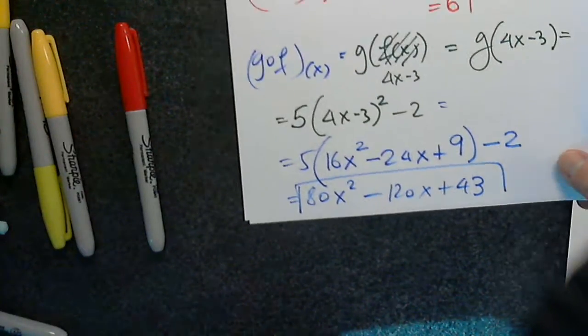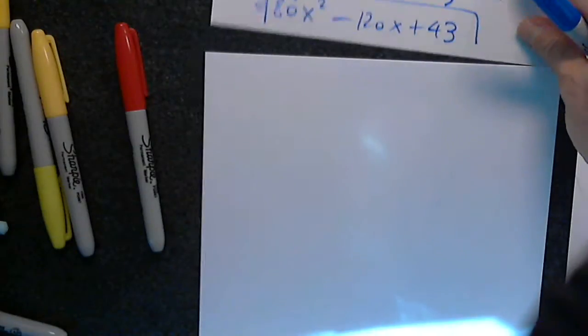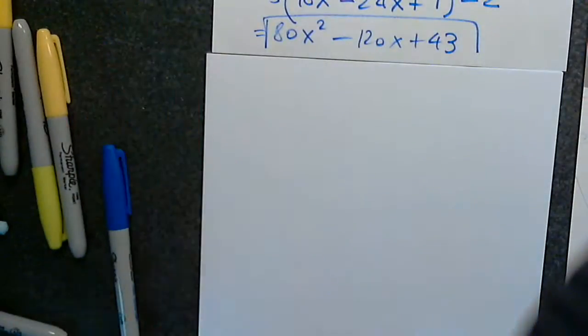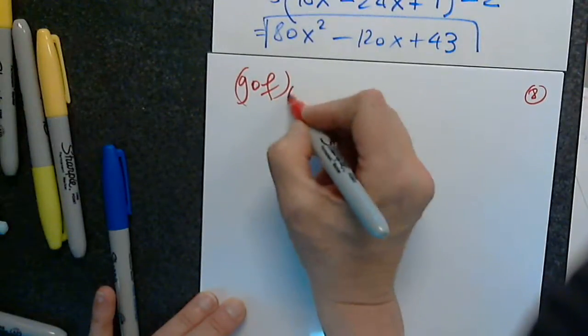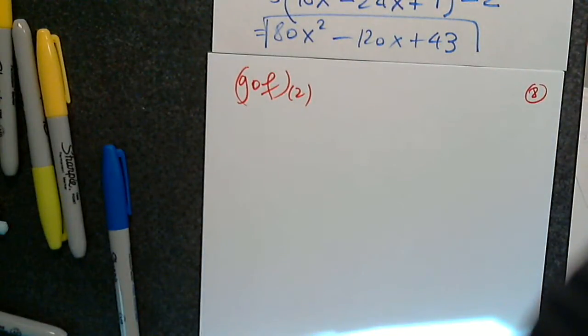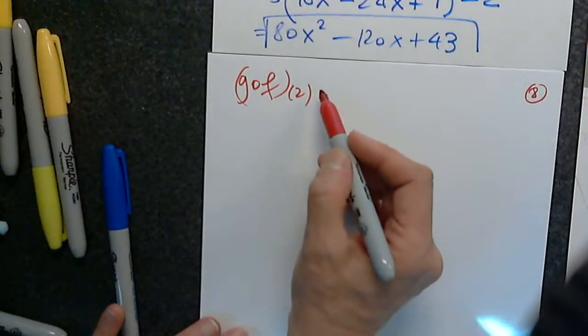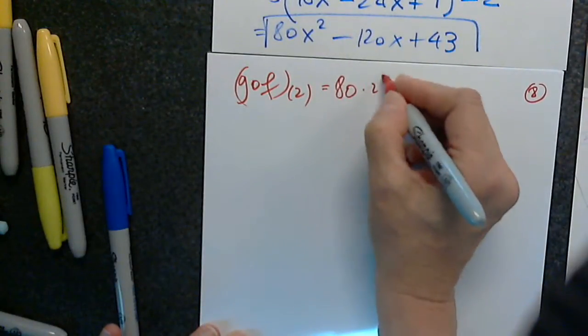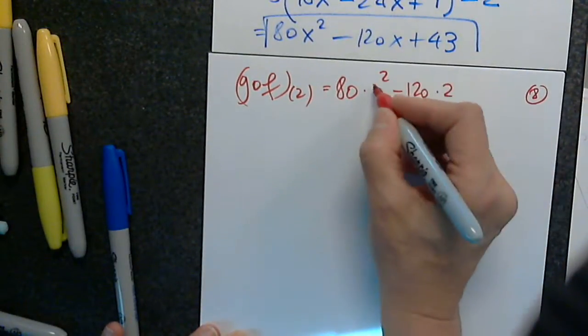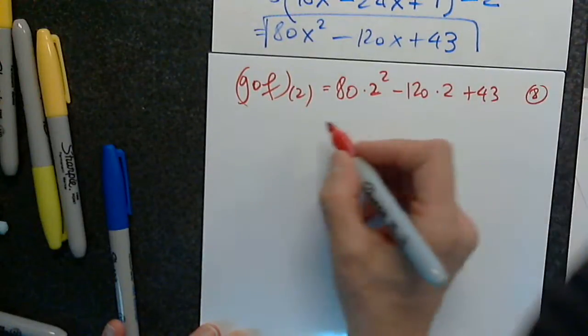Now we are asked to evaluate it for 2. So g comp f of 2. Once I have the function, I don't have to do anything else but plug it in. So how do I write this? Very good. 80 times 2 squared minus 120 times 2 plus 43.